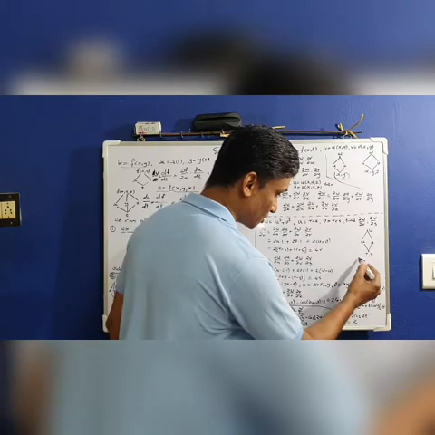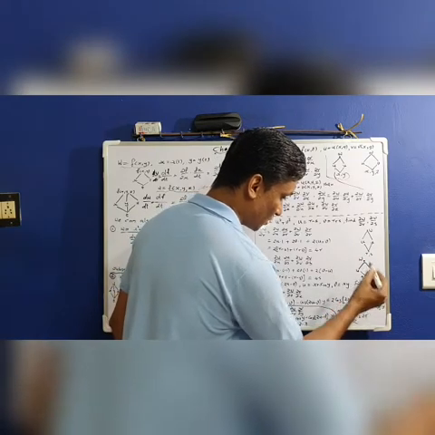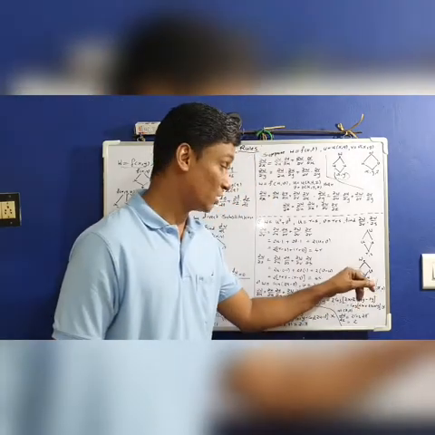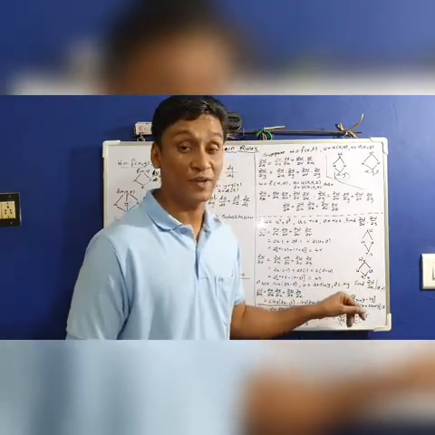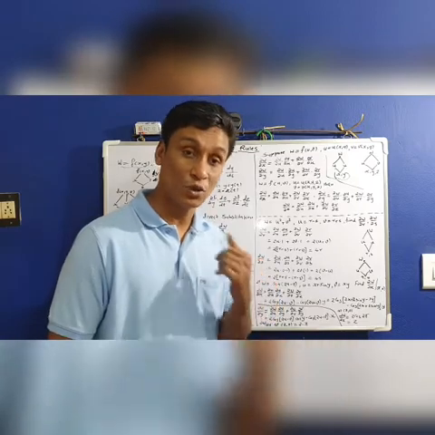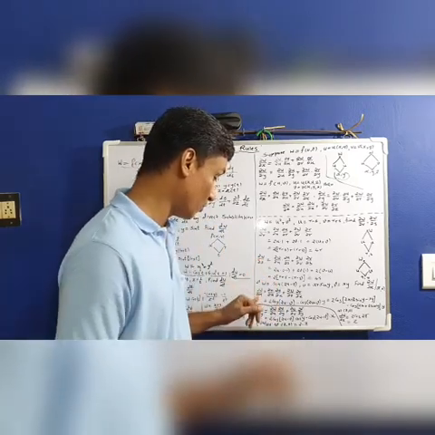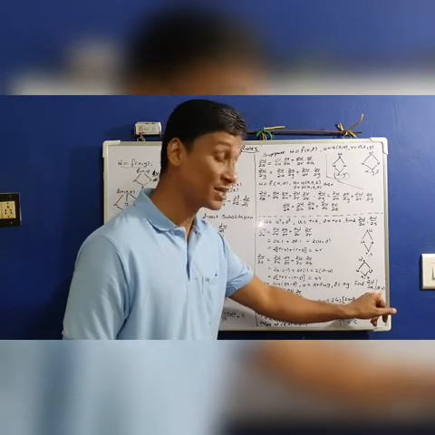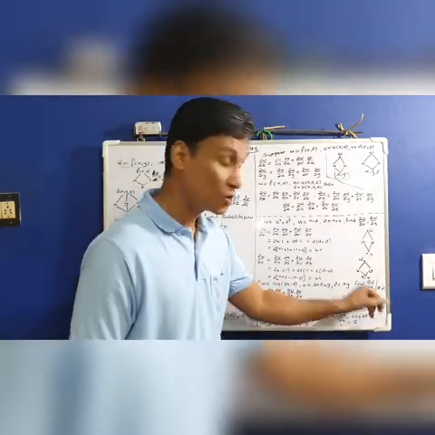So w is in terms of u and v, and u and v are in effect terms of x and y. So w becomes a function of x and y. So we have to find the two partial derivatives, ∂w/∂x and ∂w/∂y. But here it is only asked to find ∂w/∂x at a particular point (pi, 0). So we will try to do it.